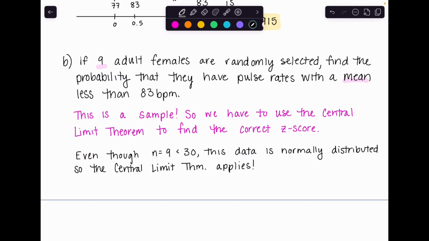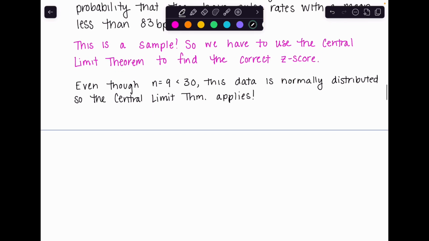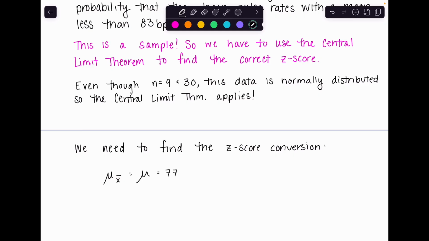Okay? So what I need to do here is find that z-score conversion. So my mean of the sample is the actual mean, which is 77 beats per minute.